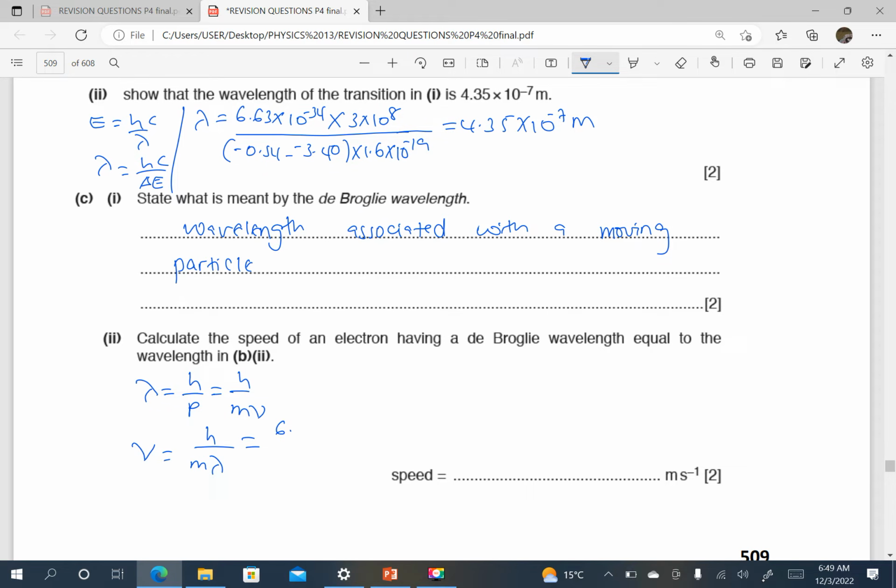So this will be 6.63 times 10 power negative 34 divided by the mass of the electron 9.11 times 10 power negative 31 times the wavelength, which is 4.35 times 10 power negative 7.